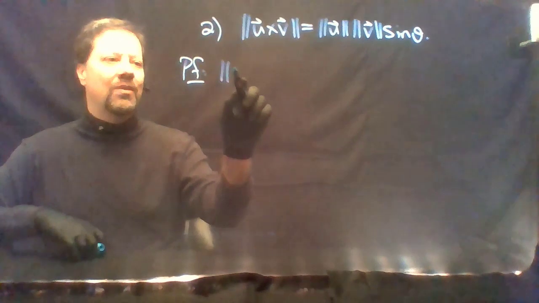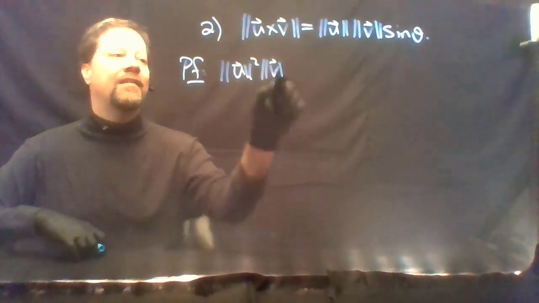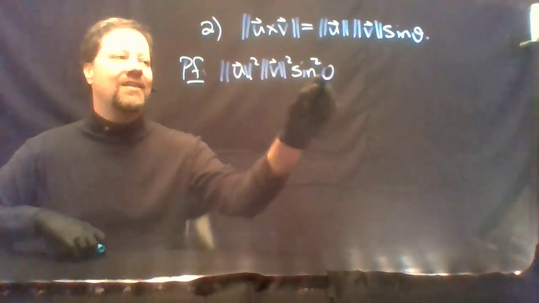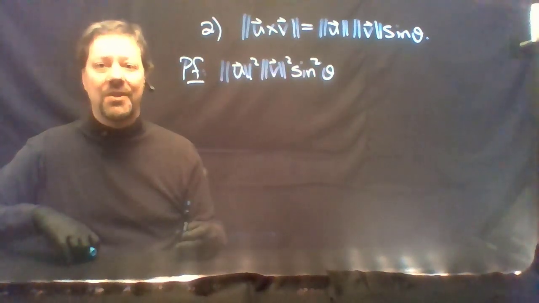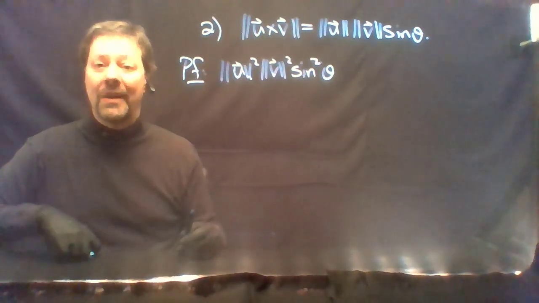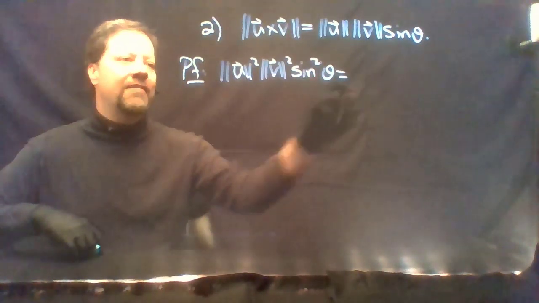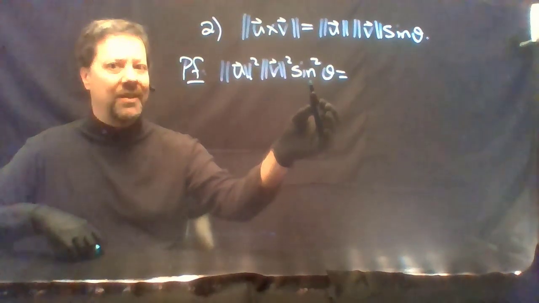We're going to take the norm of u squared times the norm of v squared times sine squared theta. It's sufficient to show that the equation is true even if both sides are squared. But because of the Pythagorean identity, sine squared is 1 minus cosine squared.